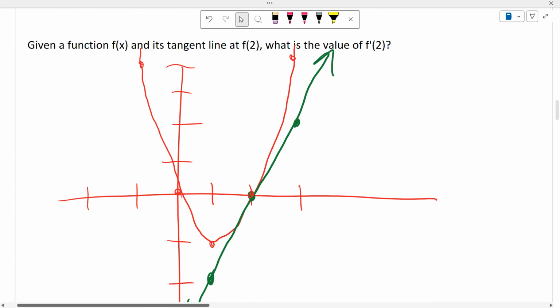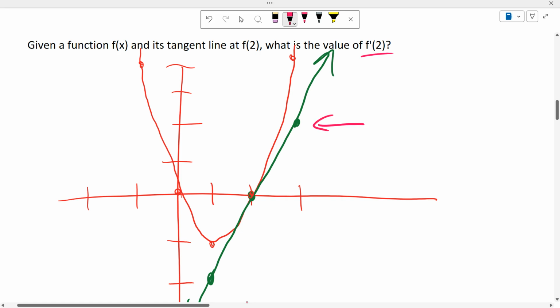Looking at this line, what's the value of the first derivative at 2? Zero? No. Why?